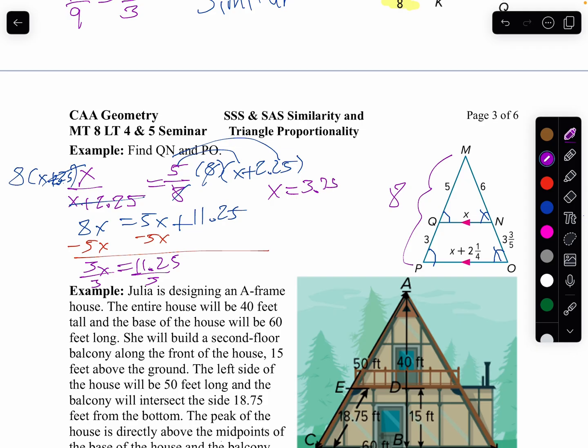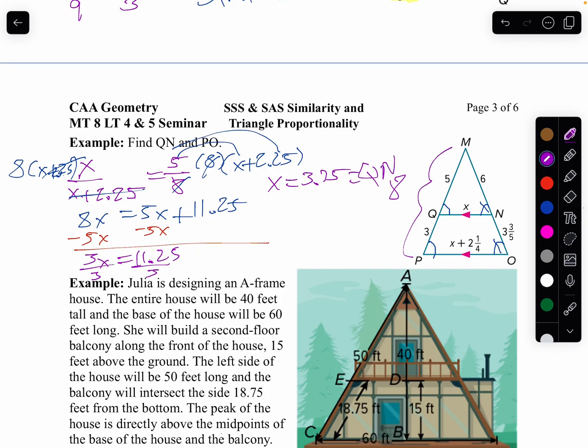Don't stop there, because the question does not ask for x. It asks for QN. Well, look at that. QN is x. So that part works out pretty nice.